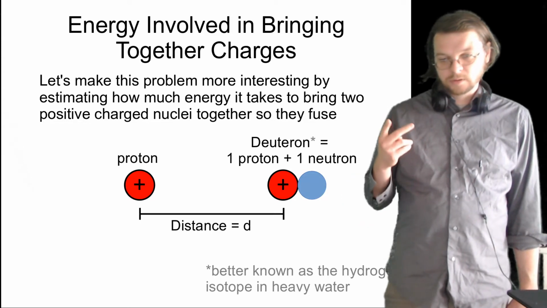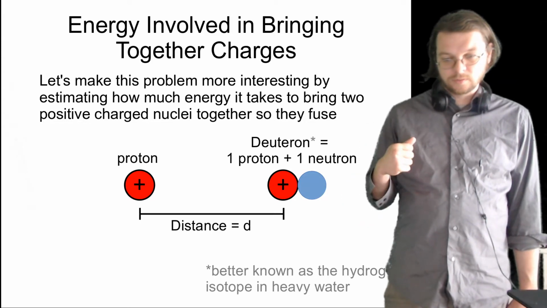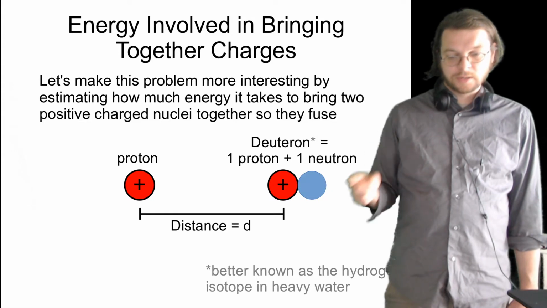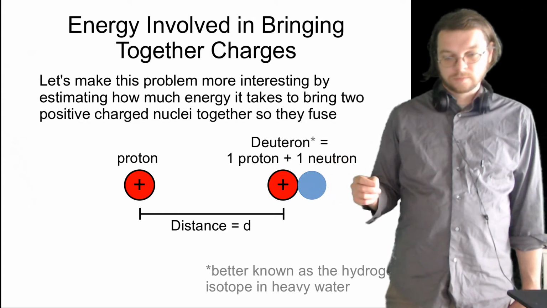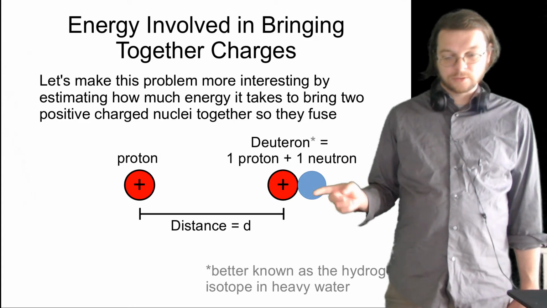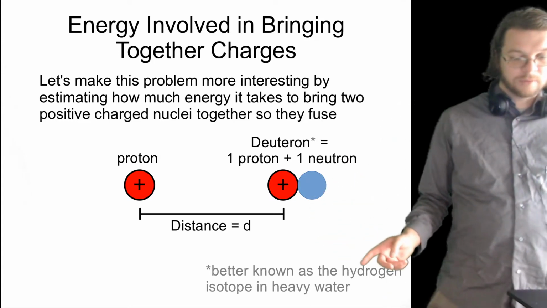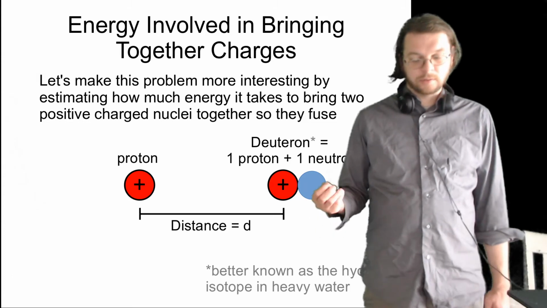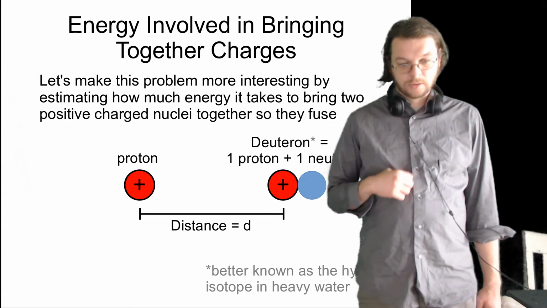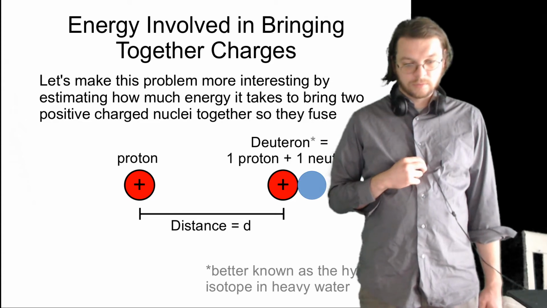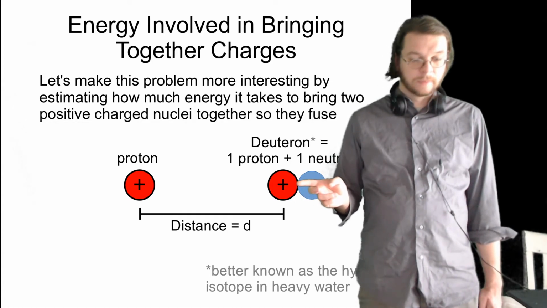Instead of two hydrogens connected to the oxygen atom, those hydrogens have an extra neutron in the nucleus. As a result, heavy water is almost exactly like regular water, except a little bit heavier because of the extra neutrons attached to the protons in the hydrogen.